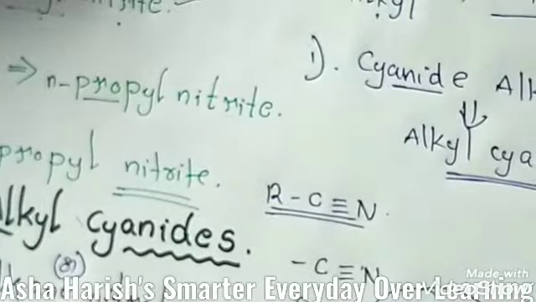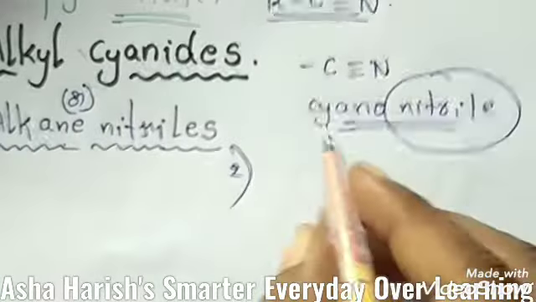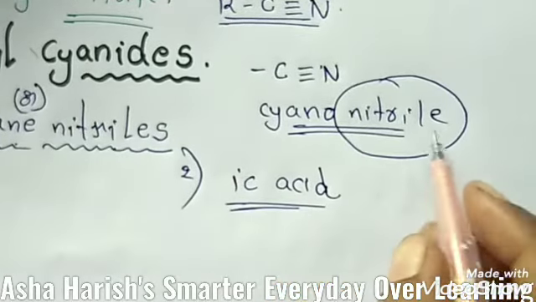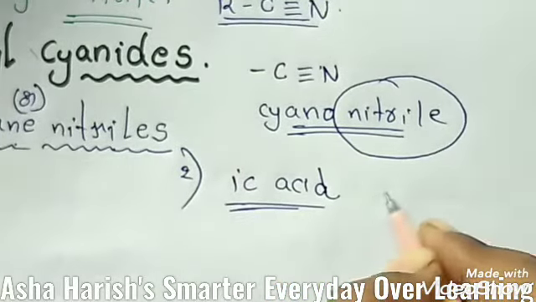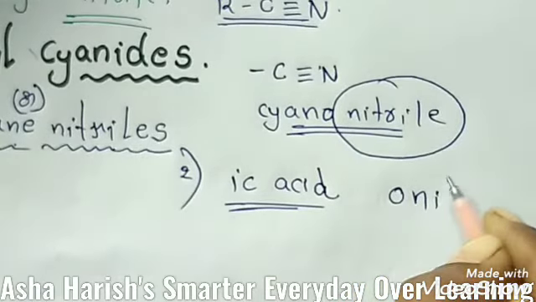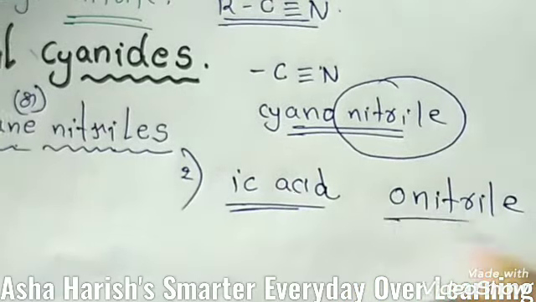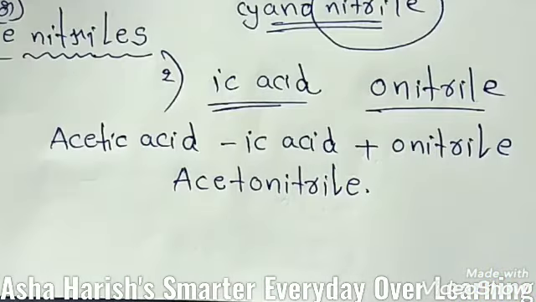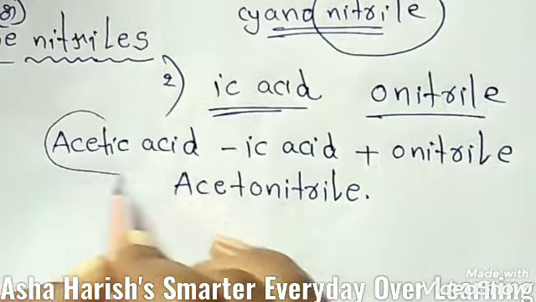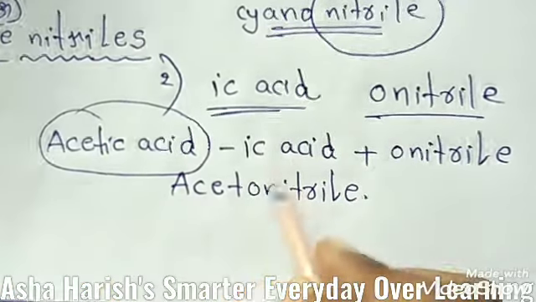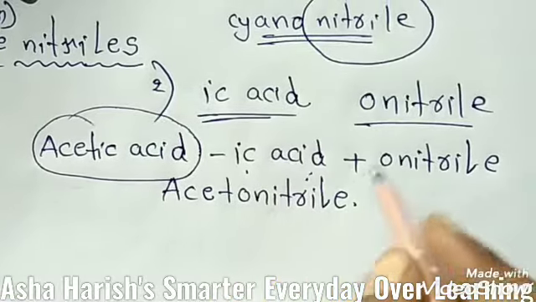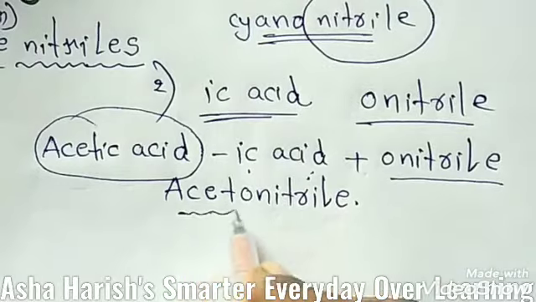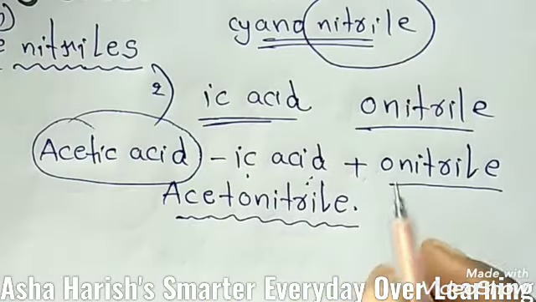And the second point, replace ic acid, from the common name of the corresponding acid, by the suffix onitrile. For example, if you take acetic acid and remove ic acid, and add onitrile, then acetonitrile is the final word you should get.